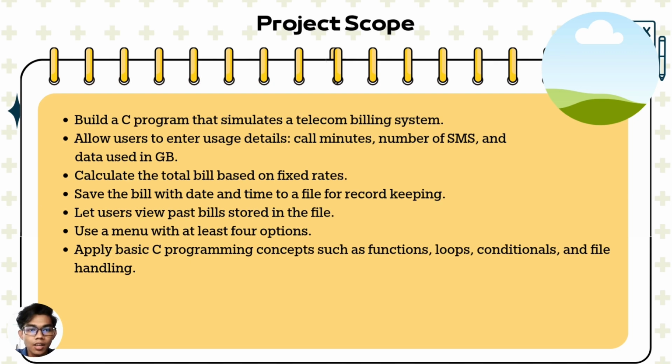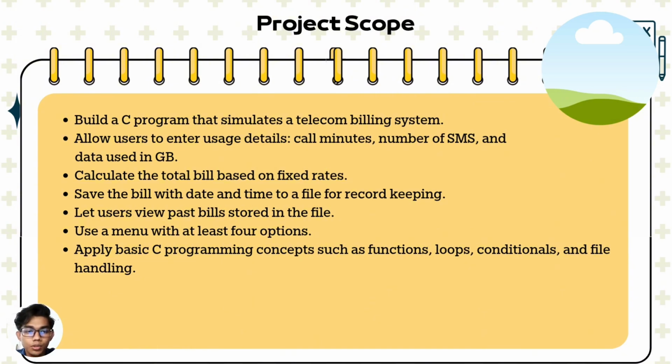After that is Project Scope. We have built a C program that simulates a telecom billing system and allows the user to enter usage details like call minutes, number of SMS, and data used in GB. Calculate the total bill based on a fixed rate and save the bill with date and time to a file for record keeping.